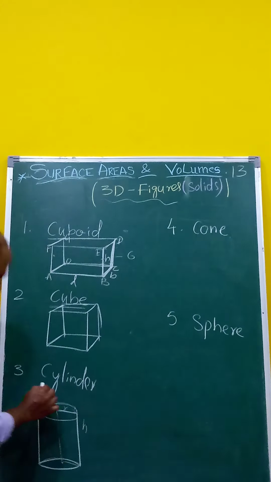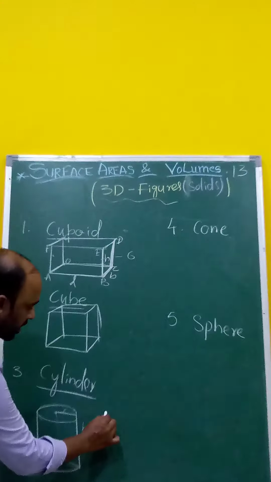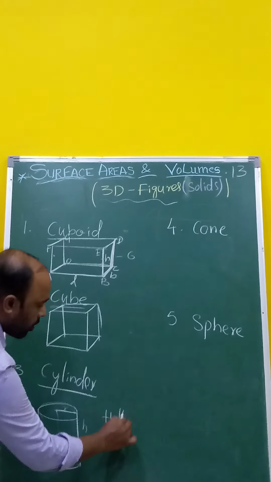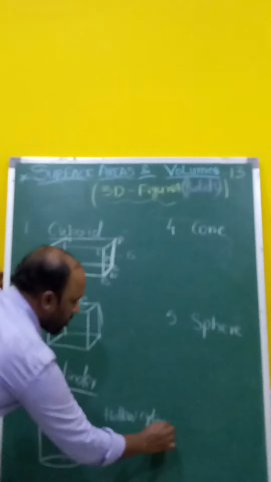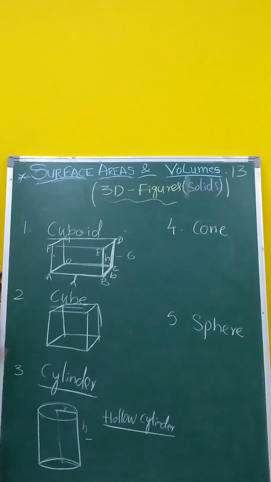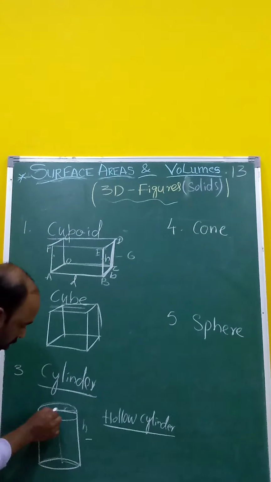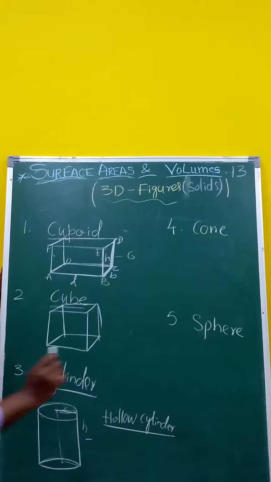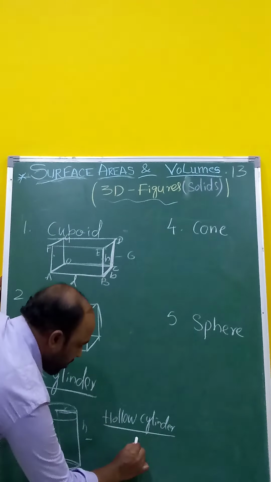The cylinder has one more concept, the hollow cylinder. In a hollow cylinder, inner and outer radii are both present, whereas here only one R is there. In the hollow cylinder, thickness is there too.